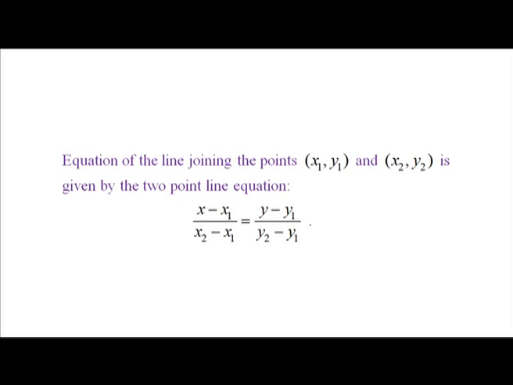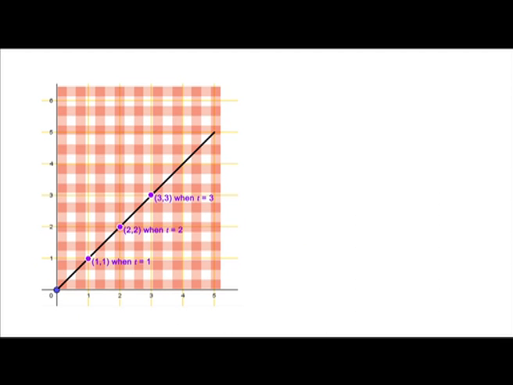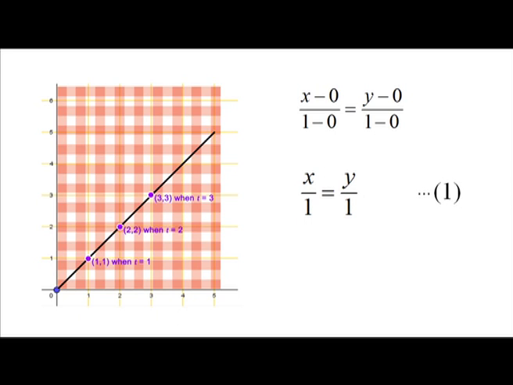For this we recall that the equation of the line joining the points (x1, y1) and (x2, y2) is given by the two-point line equation (x minus x1) by (x2 minus x1) is equal to (y minus y1) by (y2 minus y1). Hence, here the equation of the line joining the points (0, 0) and (1, 1) is (x minus 0) by (1 minus 0) is equal to (y minus 0) by (1 minus 0), that is x by 1 is equal to y by 1, we call it equation number 1.